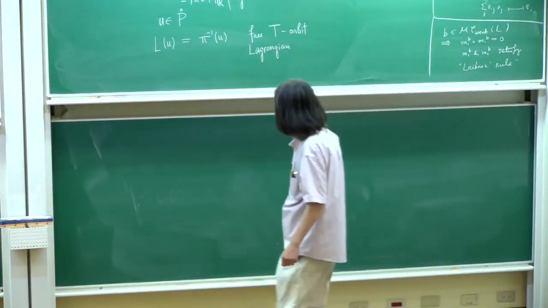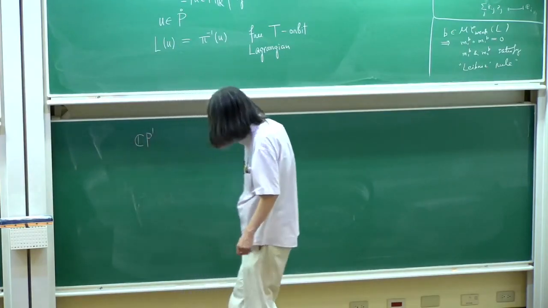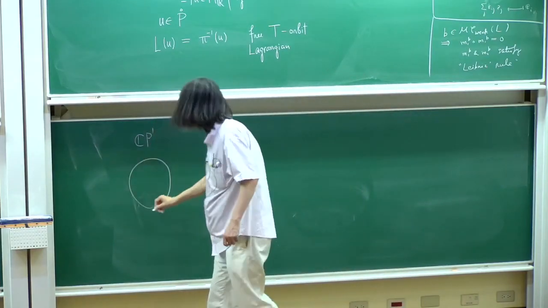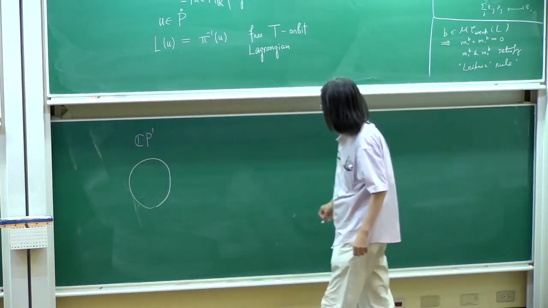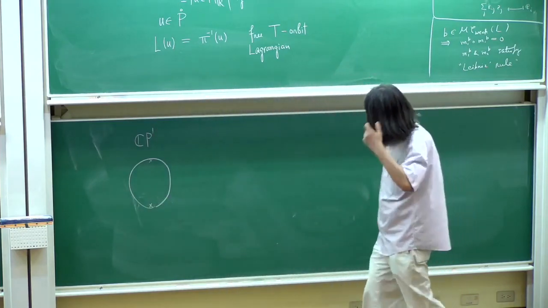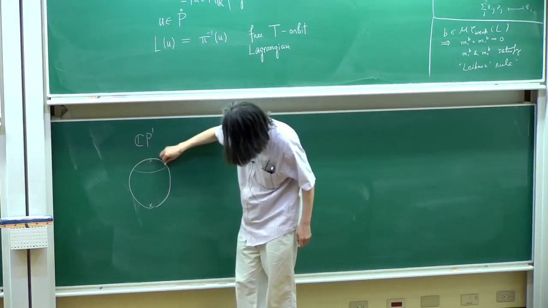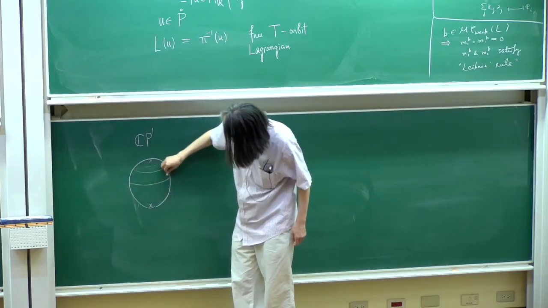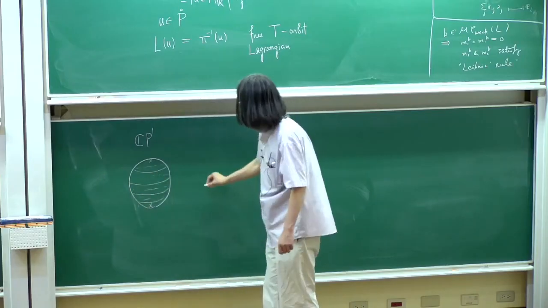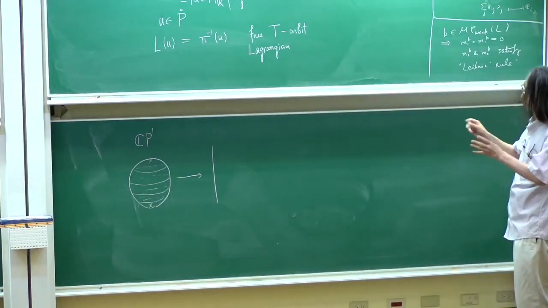For example, consider the easiest case, CP1. CP1 is this sphere, and we have an S1 action over here, which fixes the north pole and south pole, and then we have an orbit like this. The momentum map is somehow the height function, up to a constant.